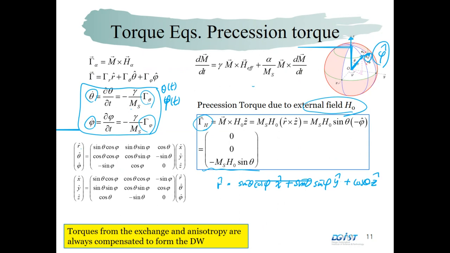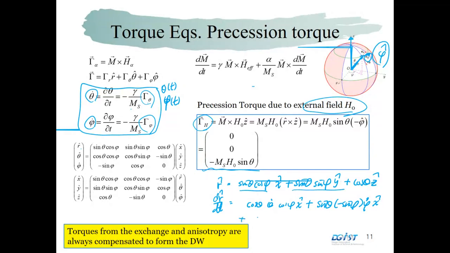They are functions of time, because the magnetic moment direction, theta and phi, is changed. So if we take the time derivative here, then this part is cosine theta theta-dot sine phi x plus sine theta minus sine phi phi-dot x.